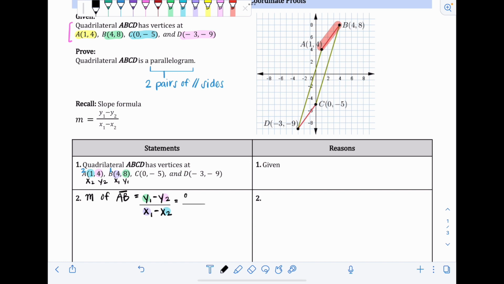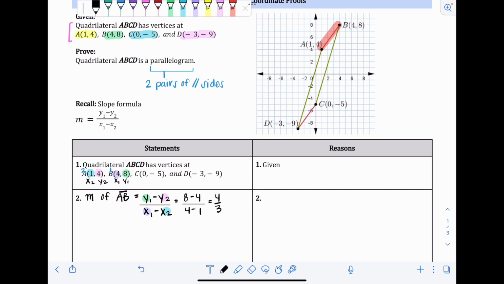So 8 minus 4 over 4 minus 1. From there we can subtract: 8 minus 4 is 4, 4 minus 1 is 3. So we found our slope for side AB.